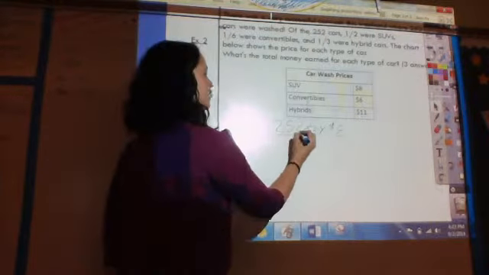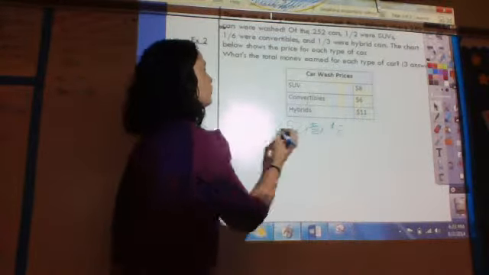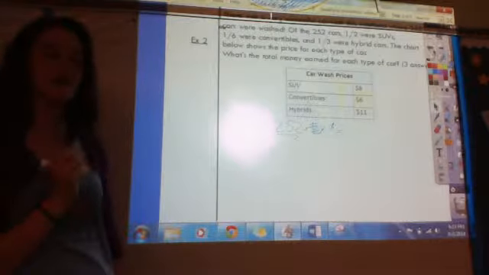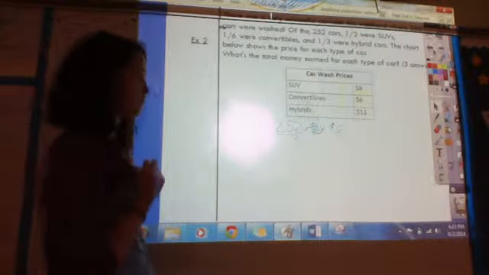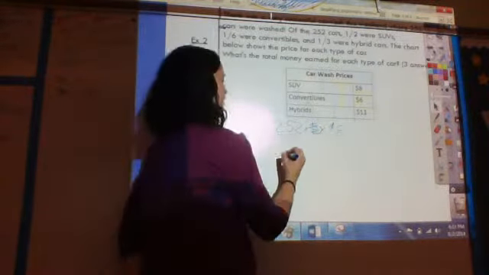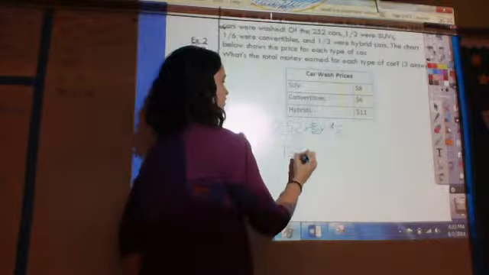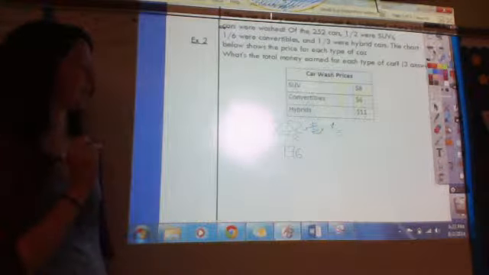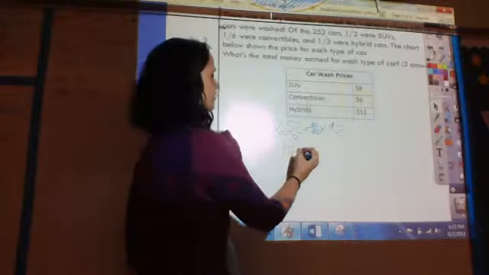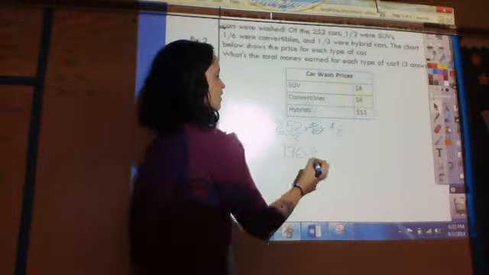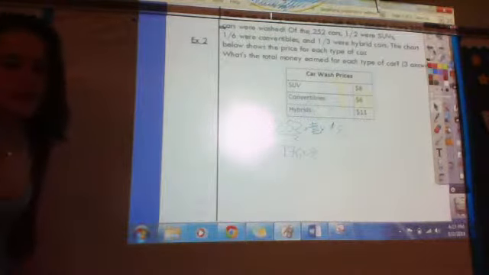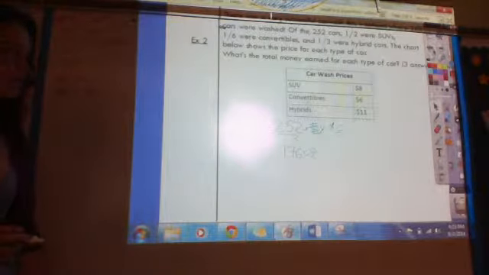252 times 1/2, that's really the same thing as divided by 2. What's 252 divided by 2? Your answer would be 126. 126 times 8. What would 126 times 8 be? You do write that on your paper.